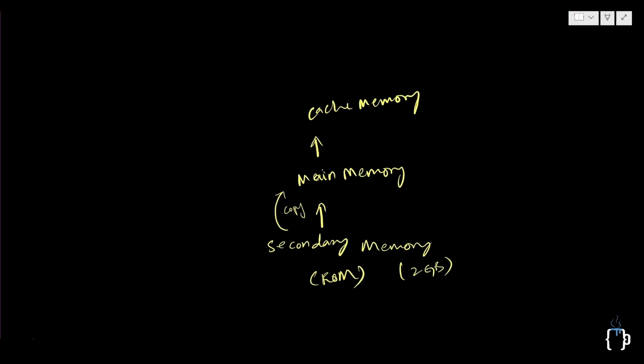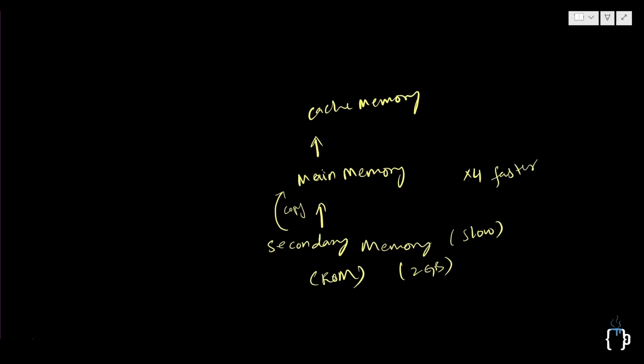The problem is the secondary memory is slow in speed. The data exchange rate of secondary memory is slow. Main memory is faster, about 4 times faster.